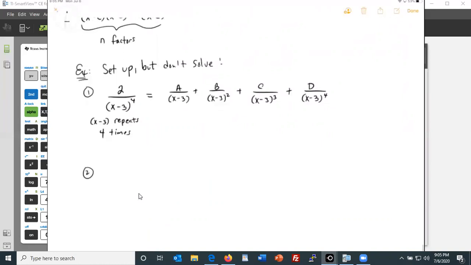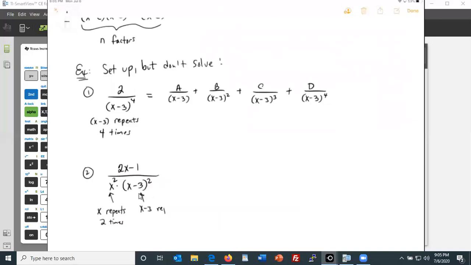All right, same idea. Let's say we have (2x - 1) over x squared times (x - 3) squared. So let's see. X repeats 2 times because it's squared.